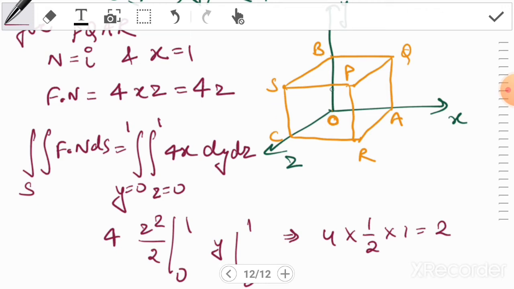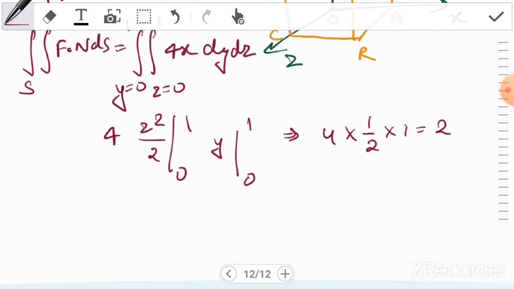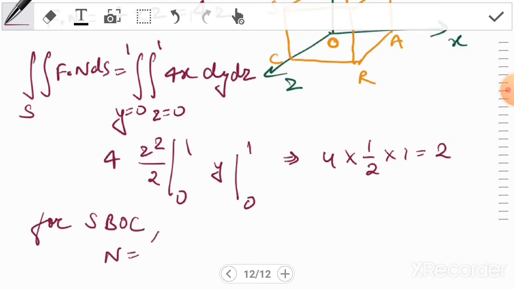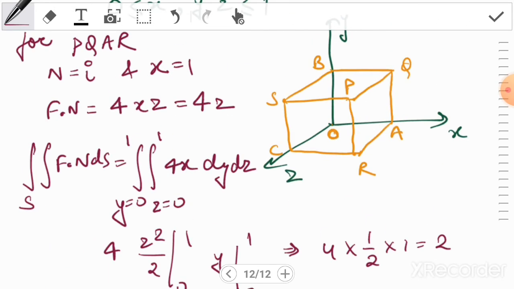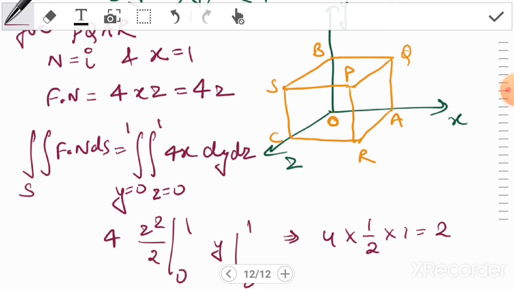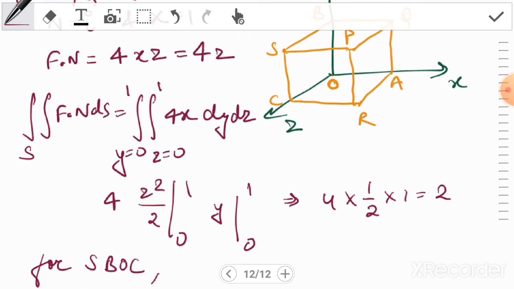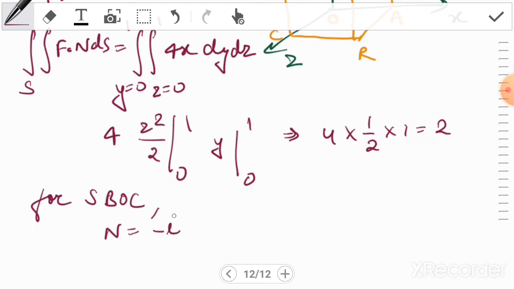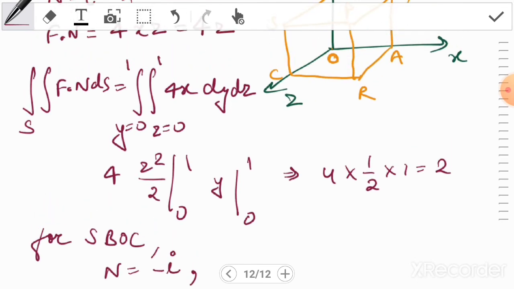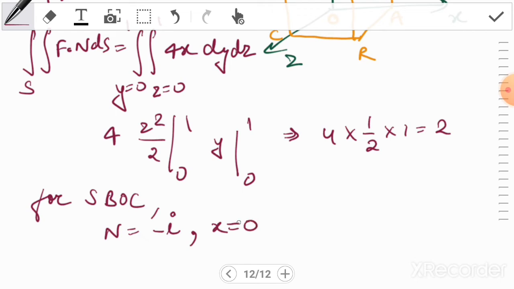Again for SBOC, see, for PQAR the unit normal vector was directing towards the positive x direction, and for SBOC the unit normal vector will be directing towards the minus x direction, so that is minus i, and since x is constant and is 0, f dot n is equal to minus 4xz, which is 0.